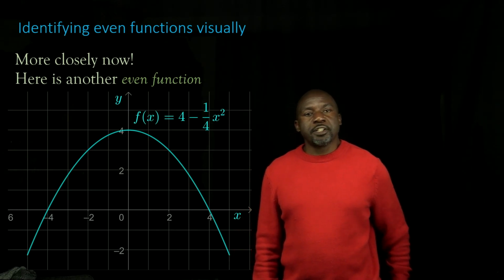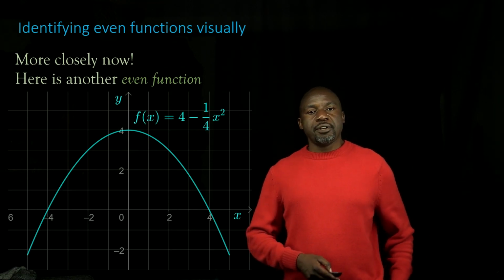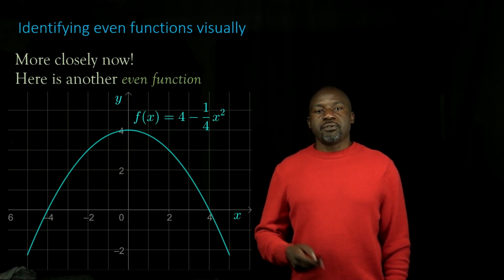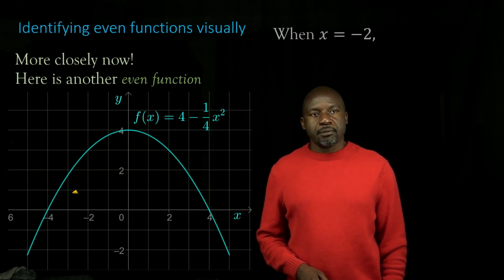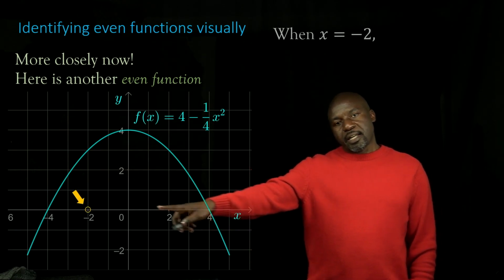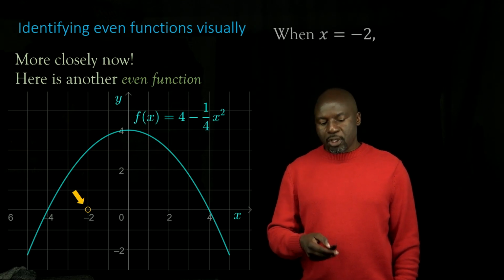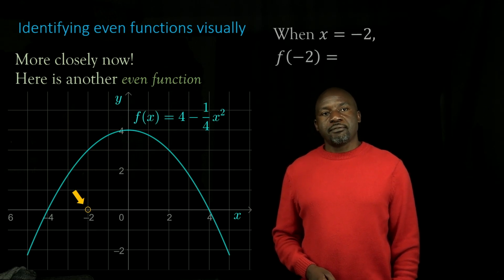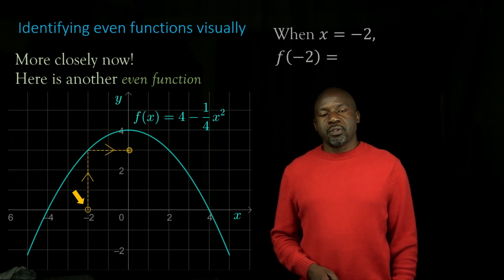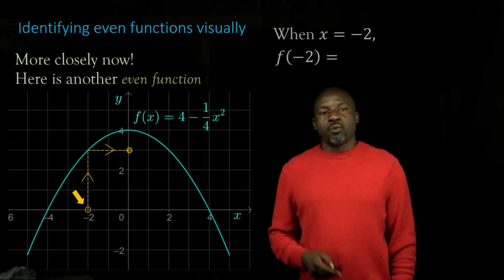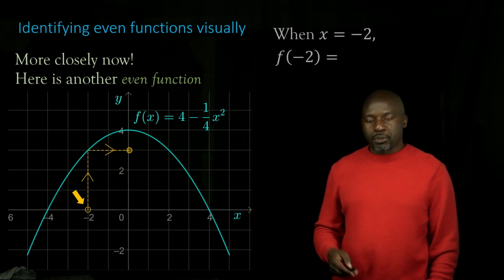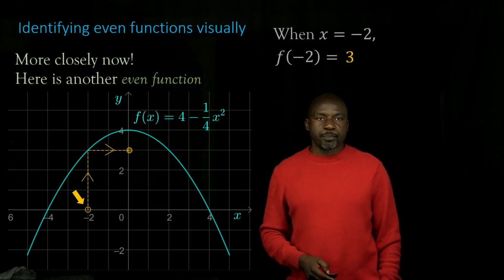Looking at this function, let's pick an input value of x equal to -2, for example. When x is -2, what is the value of y? As usual, we read upwards to the curve and then read across to the y-axis, and we can see that when x is -2, the value of y is 3, which is to say that f of -2 is actually 3.